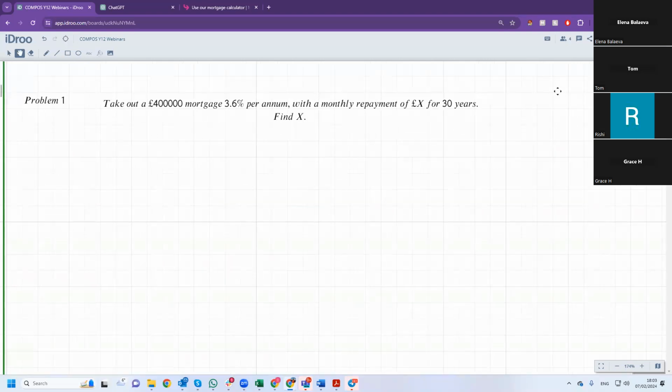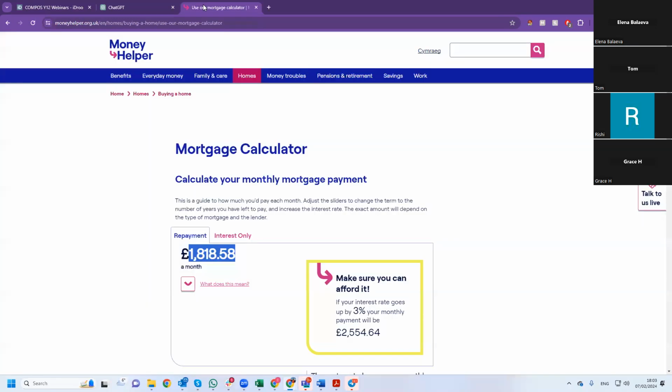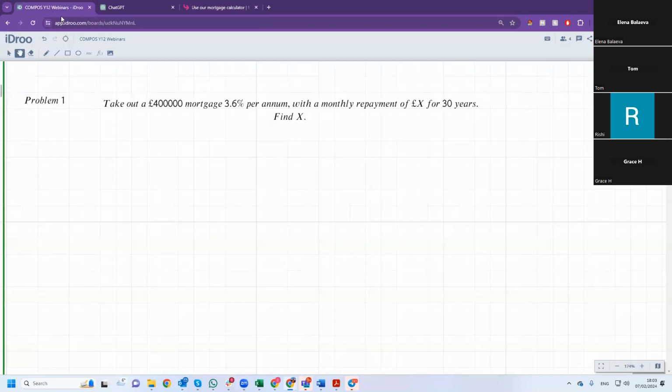Does anyone know how to do this? Do you know how to calculate the monthly repayment when knowing the initial parameters? 400,000 times, well, let's check, 400,000 times 1.036 to the power 30.